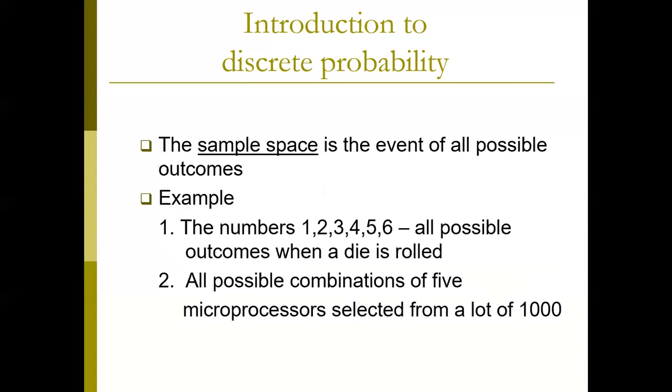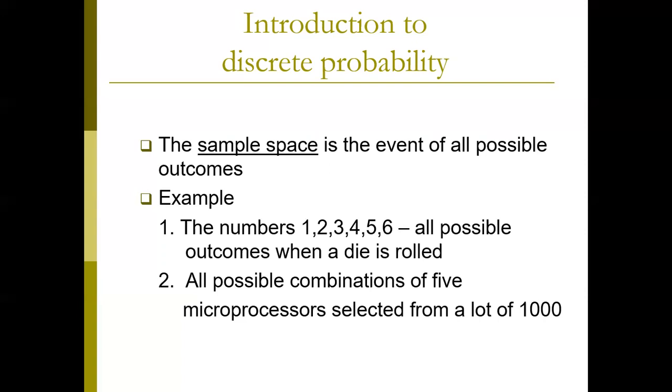All right. Now, the next thing that we need to know about, very important, is sample space. The sample space is the set of all possible outcomes that we can get when we carry out an experiment, all right? So all the possible events that we may end up with, right? All the possible outcomes when we carry out a particular experiment.